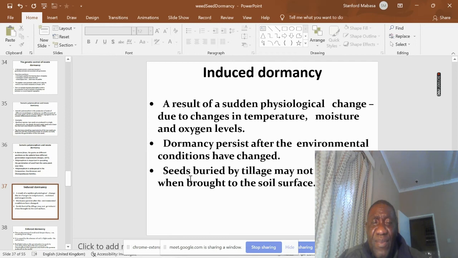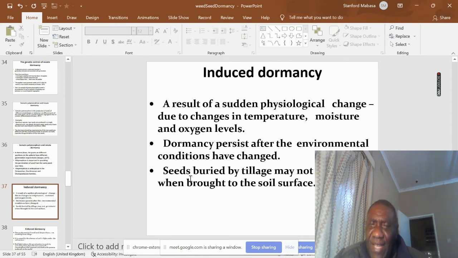For example, seeds buried by tillage will undergo dormancy. Now, if you bring these seeds to the soil surface where there's light, good conditions for germination, they will fail to germinate.